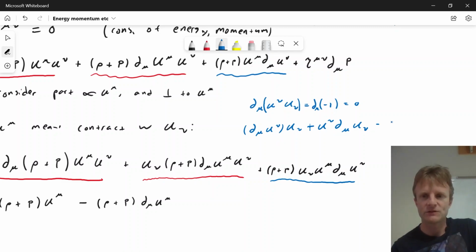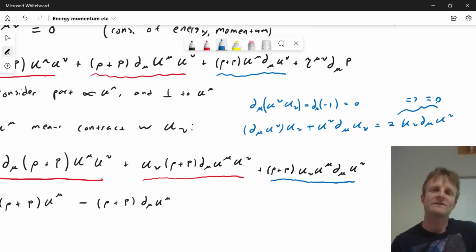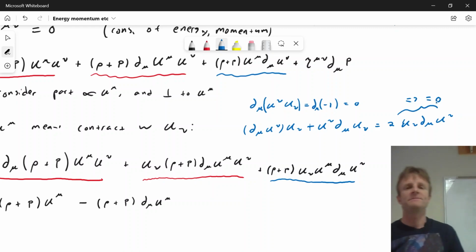This is really just twice u_ν ∂_μ u^ν. And so that proves that this thing, u ∂u, is actually 0. So this implies that this is equal to 0.